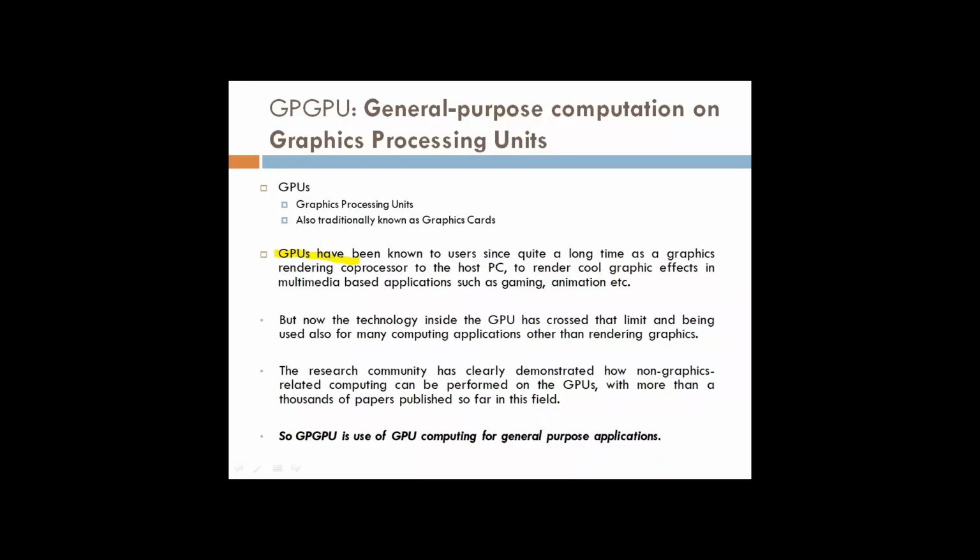Second point, GPUs have been used for quite a long time as graphical rendering co-processors. But now NVIDIA has made this facility available for general purpose computing. I will just skip if it is more. It's very basic. I hope all of you have some basic idea, or should I start from this basic slide?